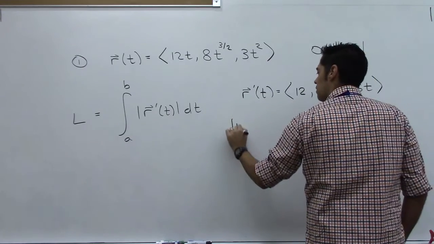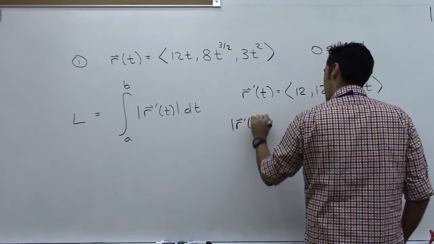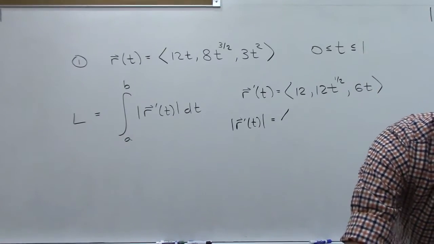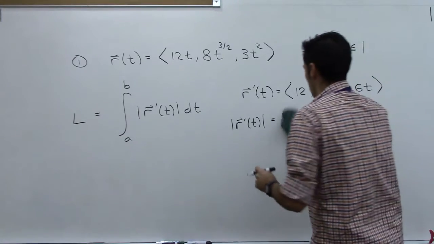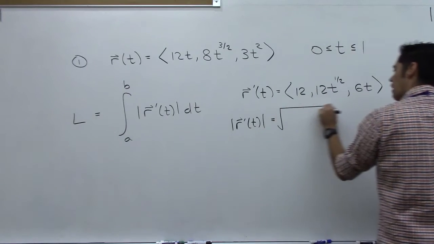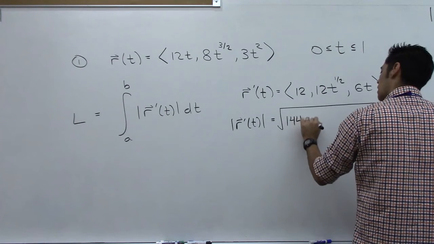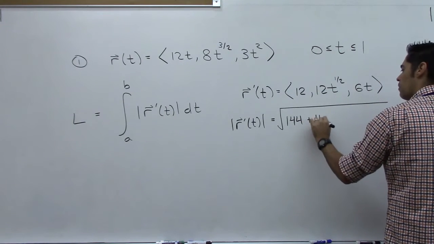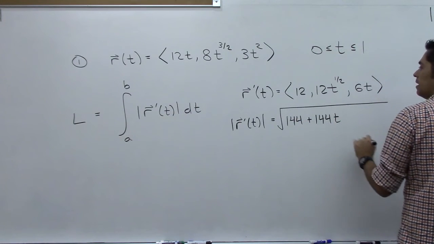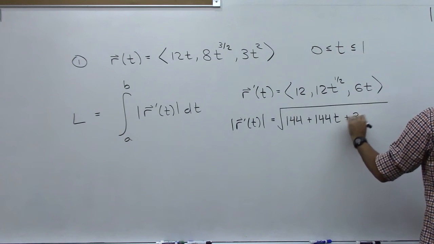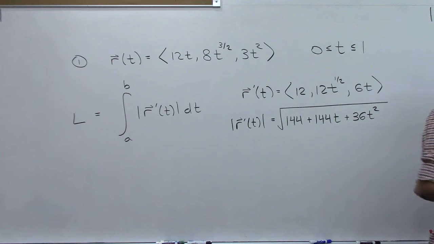Now I need the magnitude, which is the square root of each of these components squared. So 144 plus, if we square that, we get 144t. And then here, if we square this, we get plus 36t squared.